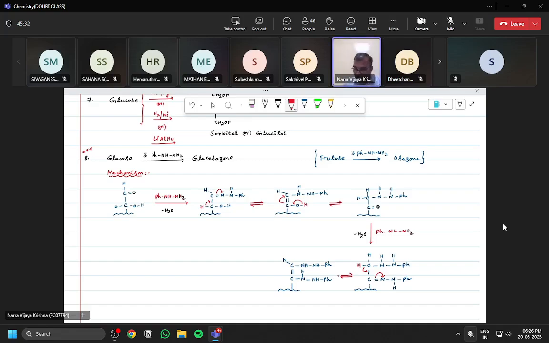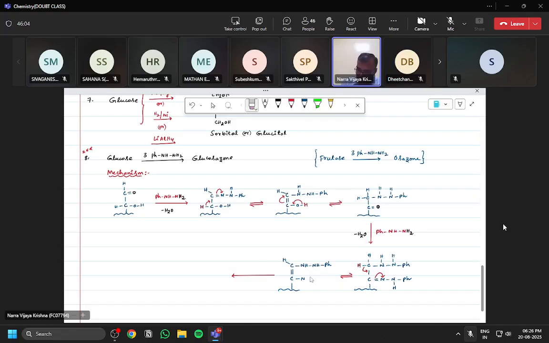Right? Now I am allowing it to react with the third mole of phenylhydrazine. So observe what I am doing. First I am eliminating aniline. Observe how I am eliminating aniline.